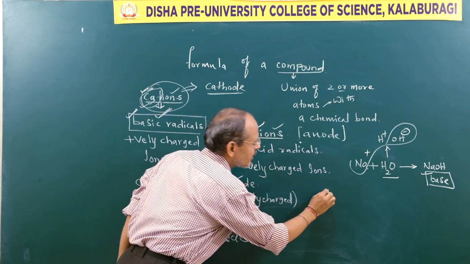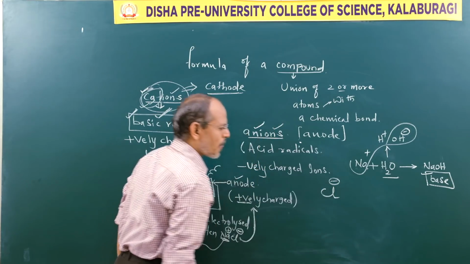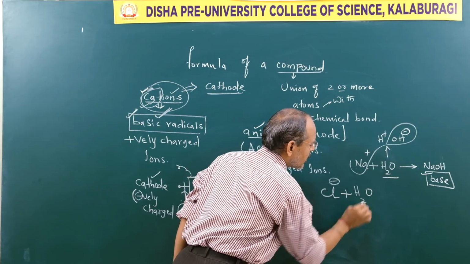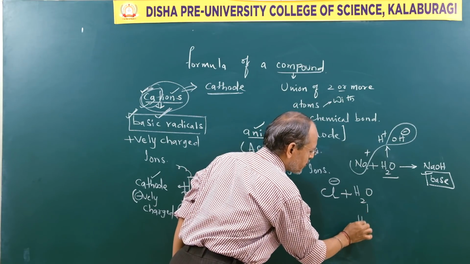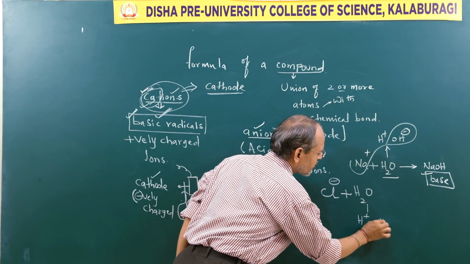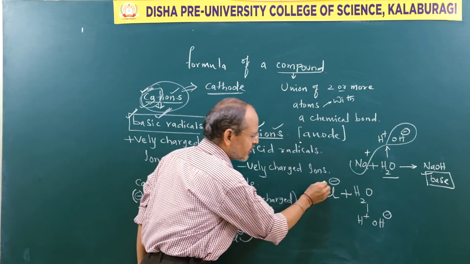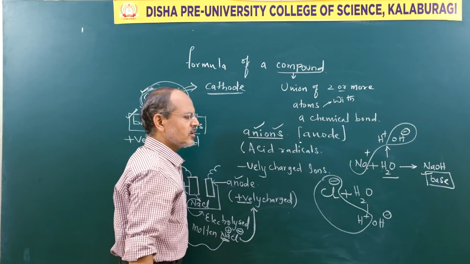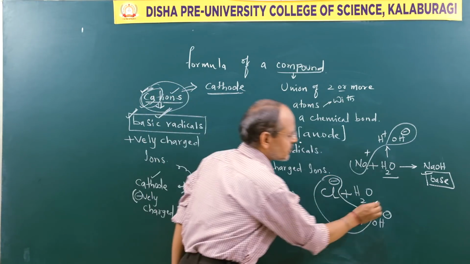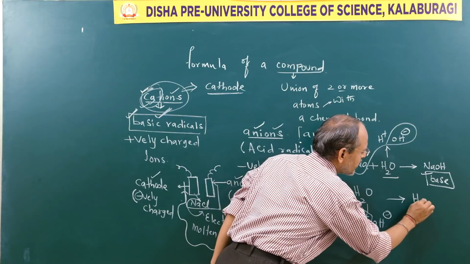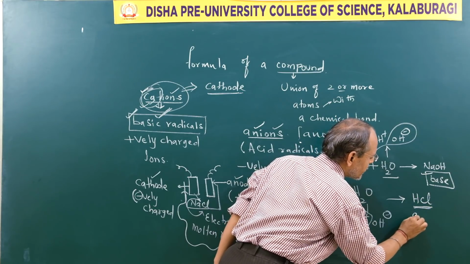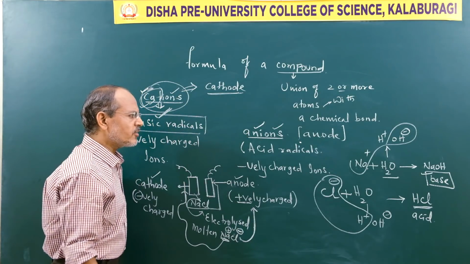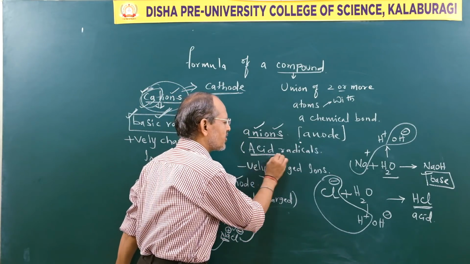Like that, if you take Cl minus, when this ion is dissolved in the water, again water means H plus OH minus, this Cl minus gets combined with H plus to form HCl. You know HCl is an acid, hydrochloric acid. So that means they are acid radicals.